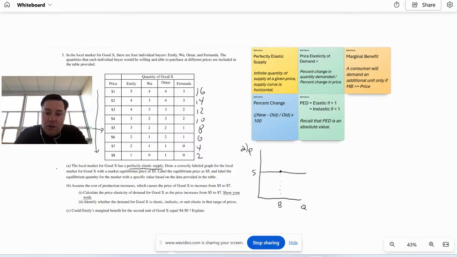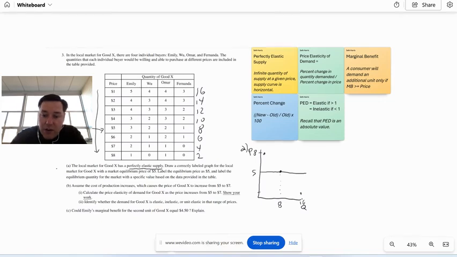All right, and then if you want to connect all these dots, essentially, at a price of $8, the quantity demanded is only 2. It's very, very small. So let's say that's right there. And at a very low price of $1, we know that there are 16 quantity demanded.